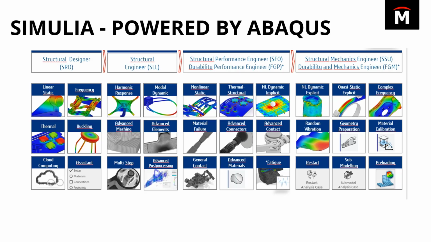Now on this page, this is similar to our product matrix that we looked at for SolidWorks Simulation. And this is actually going to look pretty confusing, but I'll break it down in a relatively simple way. Basically, there are 4 levels of licensing within Simulia, and these first 3 have relatively the same capabilities as SolidWorks Simulation, with a few minor differences.